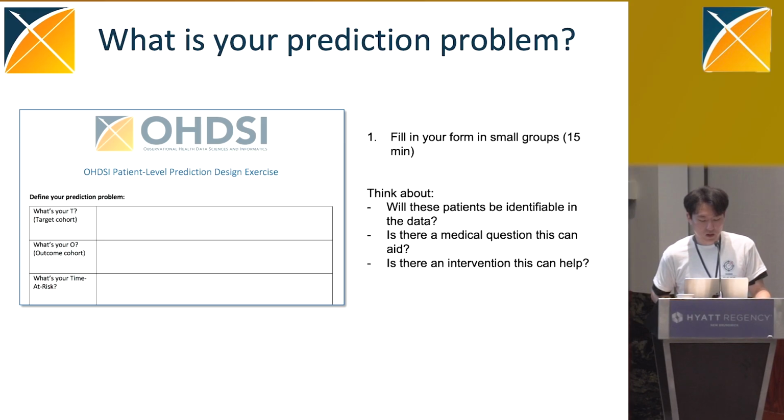But you should keep in mind, will these patients you already said as a T be identifiable in your data? Is there a medical question this can aid as well? And is there an intervention this can help? So let's start.